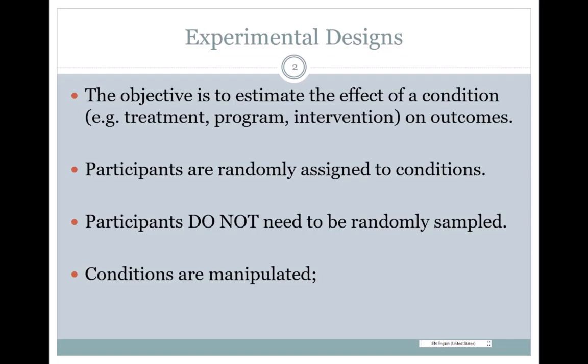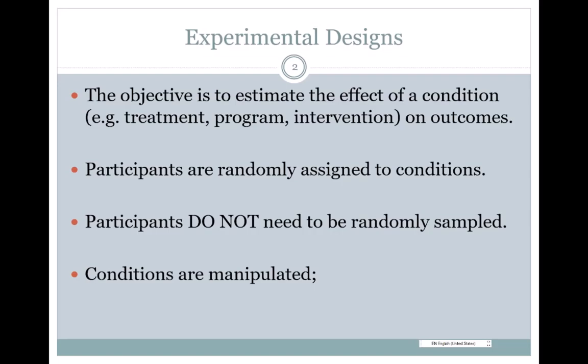The objective of experimental designs is to estimate the effect of a treatment or a program intervention on outcomes. And the main characteristic of it is that participants are randomly assigned to conditions. That is an absolute requirement of experimental designs. But they don't need to be randomly sampled.